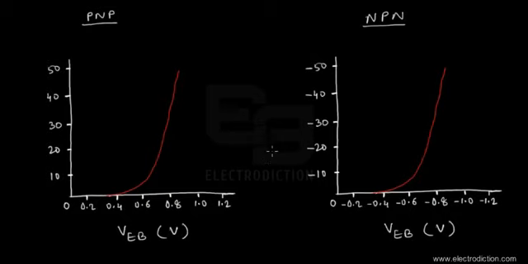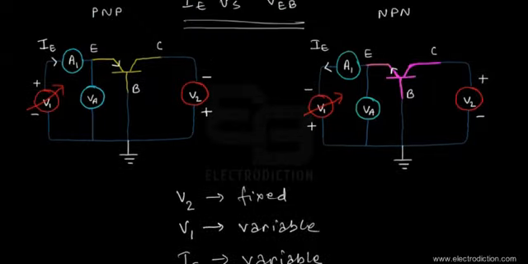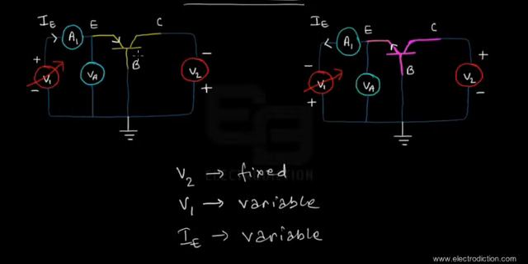And that's quite natural, because in the circuits over here, we're basically forward biasing the emitter base junction, which is actually a p-n junction, so that we are getting the emitter base bias voltages in both the cases.